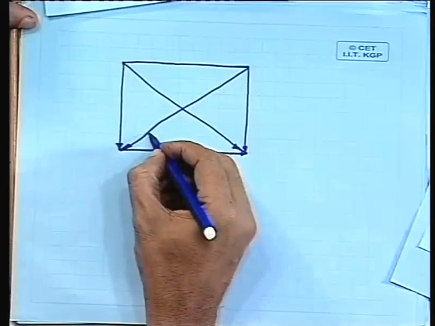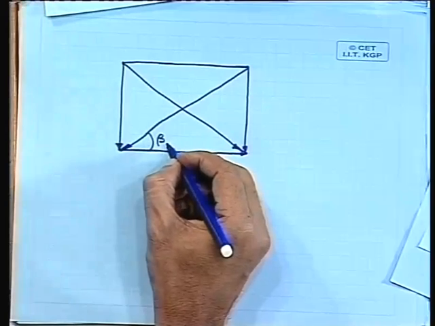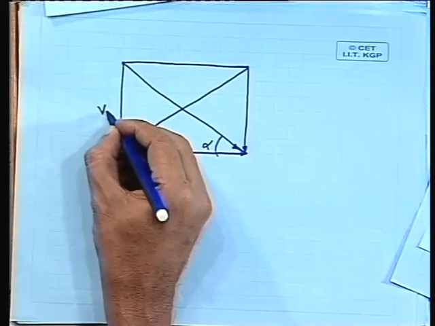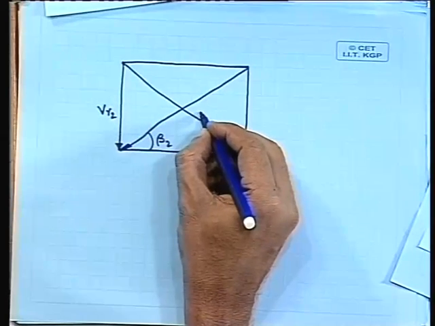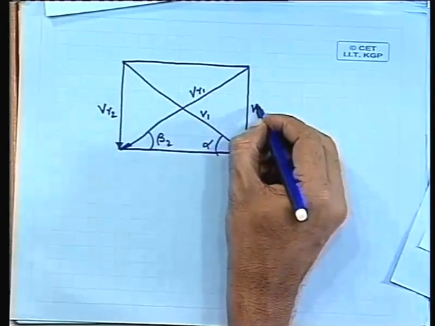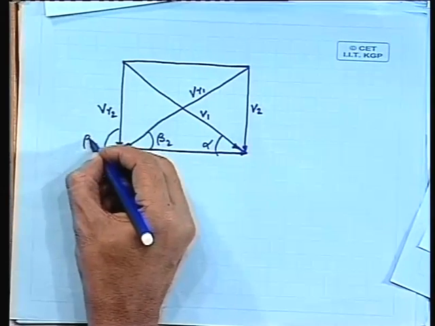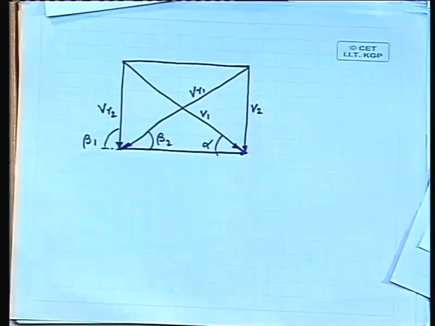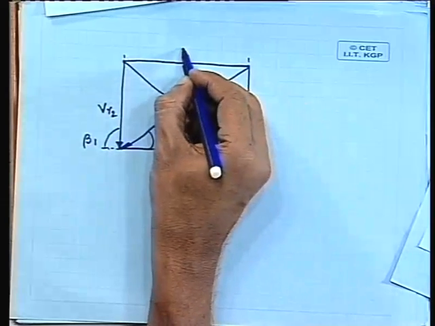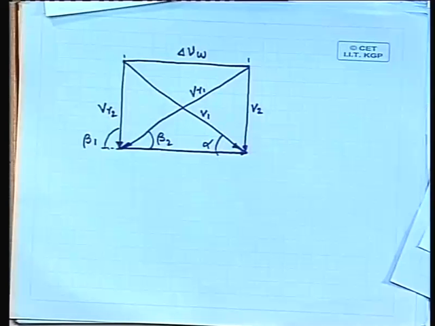This angle is your beta 2, and this angle is alpha, this is VR2, this is V1, this is VR1, this is V2, and this angle will be your beta 1, all right, and this quantity is nothing but delta VW, the whirl component of velocity.